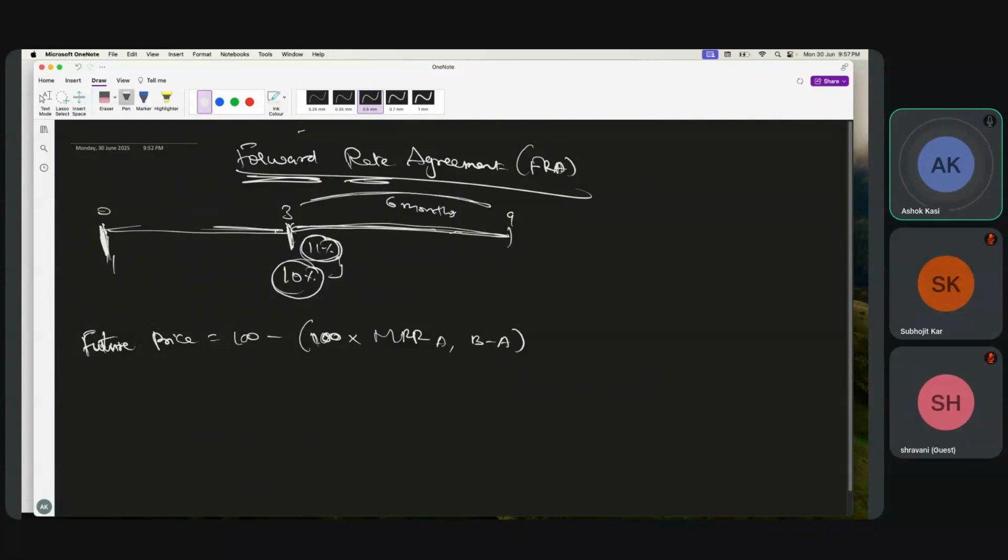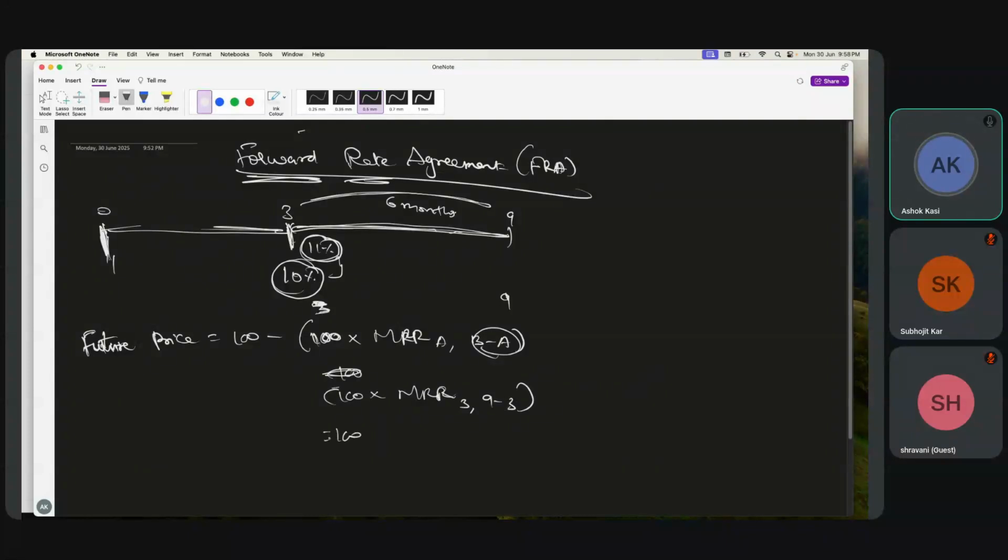So now what does this mean? A comma B minus A. A is this time period 3 and B is this time 9. So B minus A means 100 into MRR, MRR after 3 months for 9 minus 3 months.